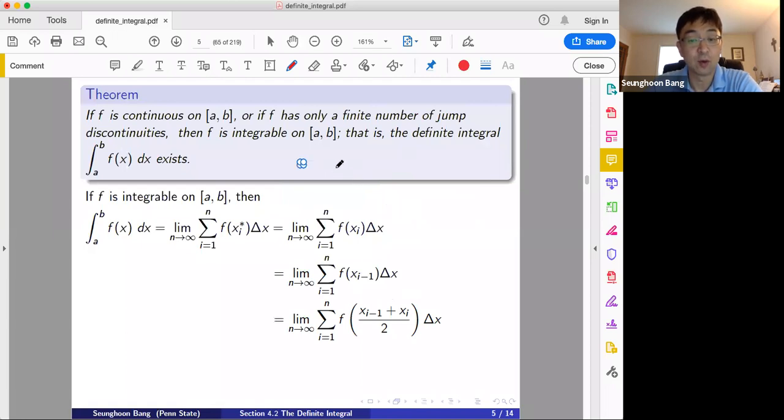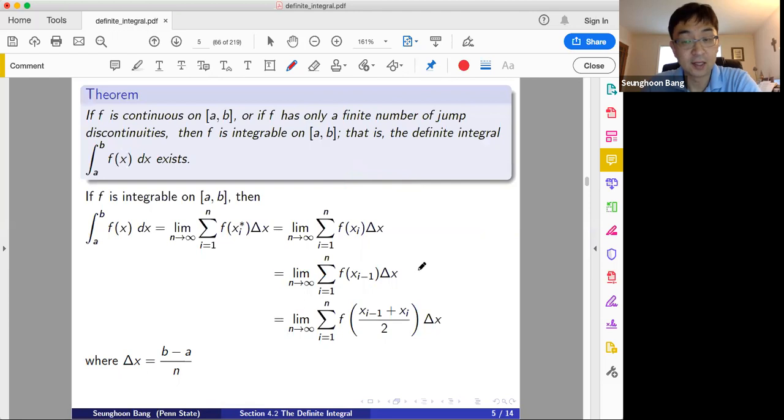Here, I can write one more. This is xi minus 1, then xi. We have a sub-interval. Xi star is the right-hand point or the left-hand point or the middle point. So we have three kinds of possibilities for finding the definite integral from a to b of f of x dx.